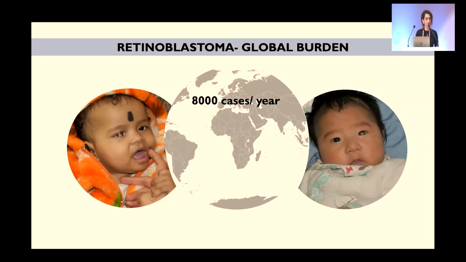We all know that the global burden of retinoblastoma is 8,000 cases per year, and India and China see around 2,000 cases per year. All the distinguished speakers today are dealing with retinoblastoma, and there is data which says that the 2,000 cases per year are not seen collectively by the retinoblastoma specialists. So now the question is, where are the rest?